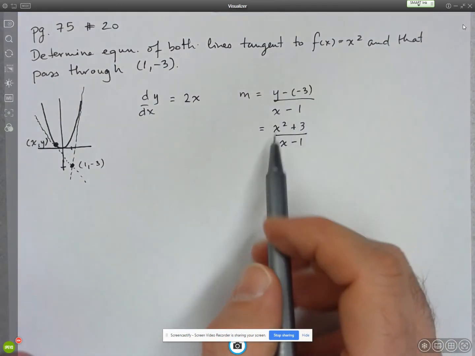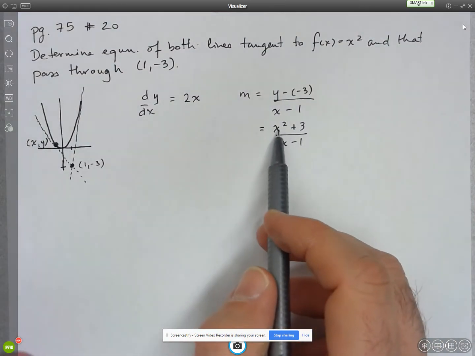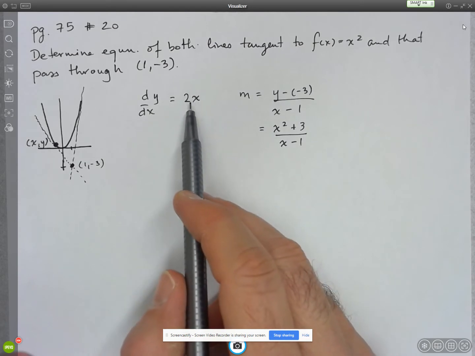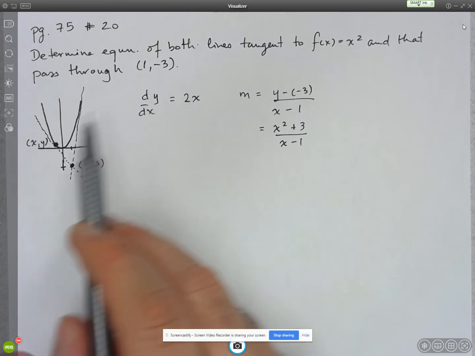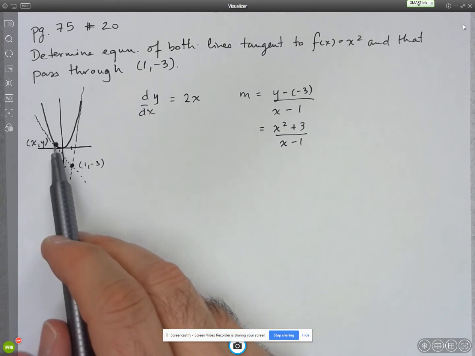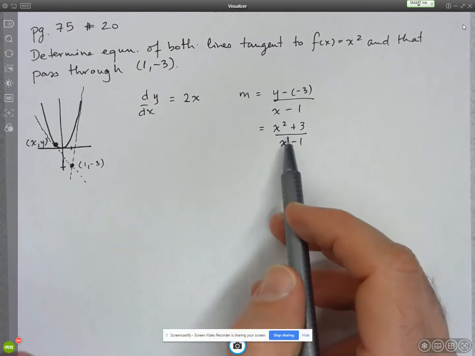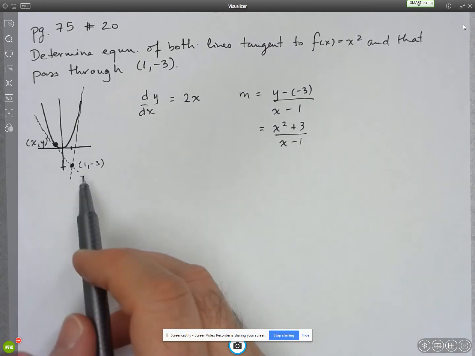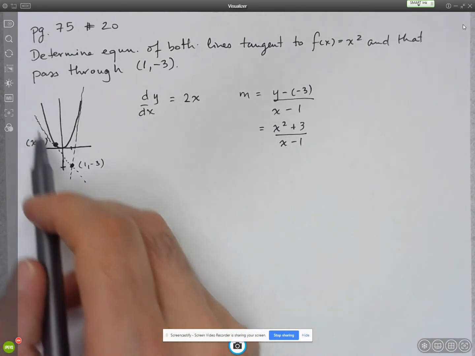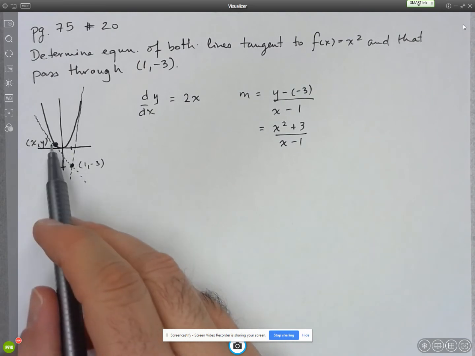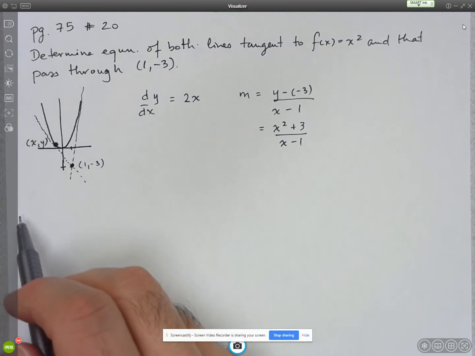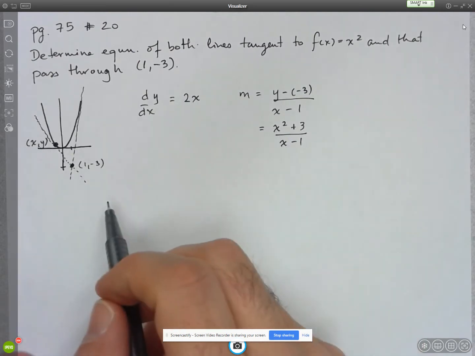All right, so let's see where that takes us. I now have two expressions that represent the same thing. This expression here represents the slope of the curve at x, which again is the slope of the tangent line to the curve. And this expression here also represents that line, which is tangent to the curve and passes through (1, -3). So we're just going to equate these two expressions.